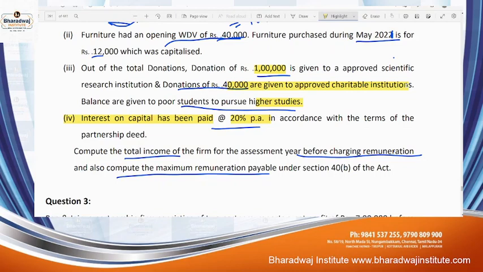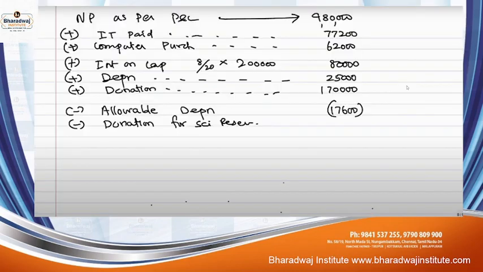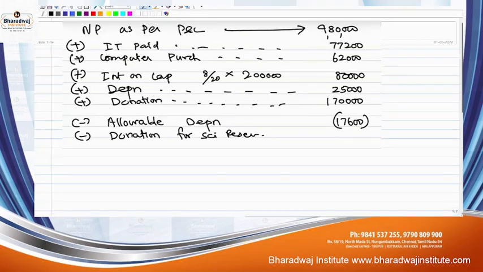That will come in what? 80G. So less donation for scientific research. What is the amount? 1 lakh, for which full deduction can be claimed. 1 lakh is deductible. We added back donation and we claimed what?